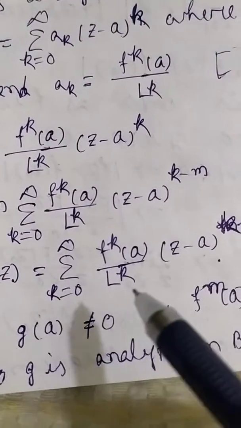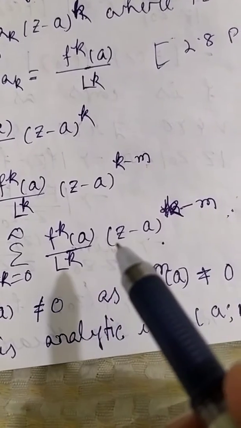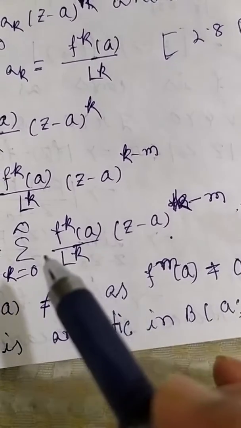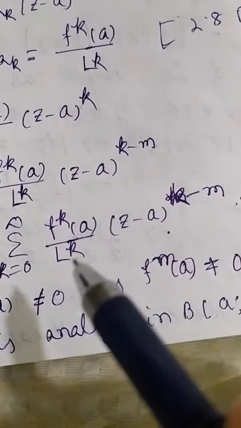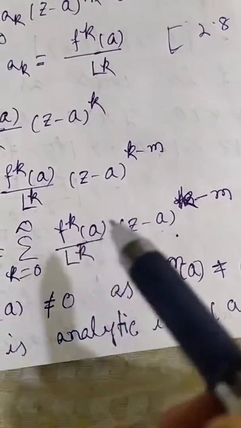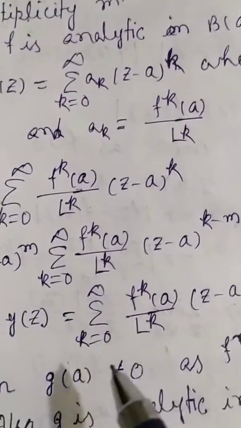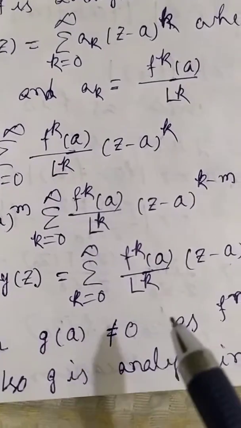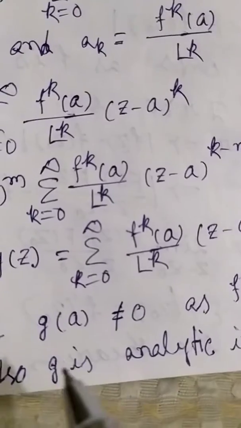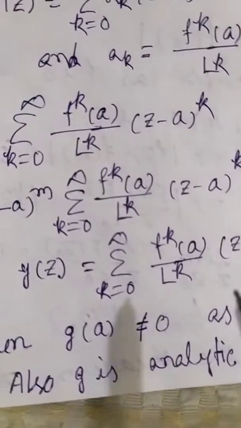But if I consider k equal to m, then there is no (z minus a) term, that is f^(m)(a) divided by factorial m. It is given that f^(m)(a) is not equal to 0. Therefore g(a) is not equal to 0.